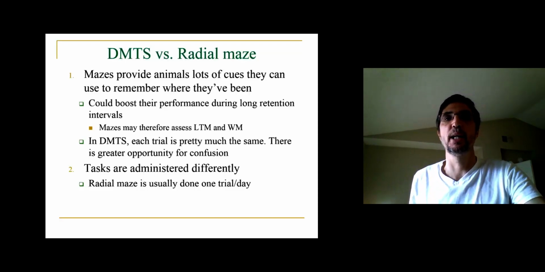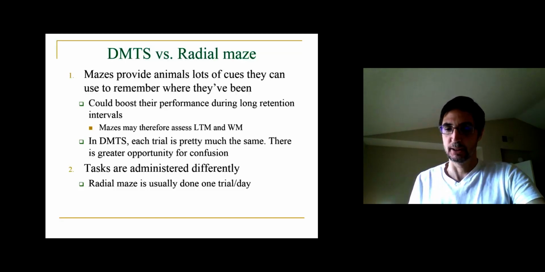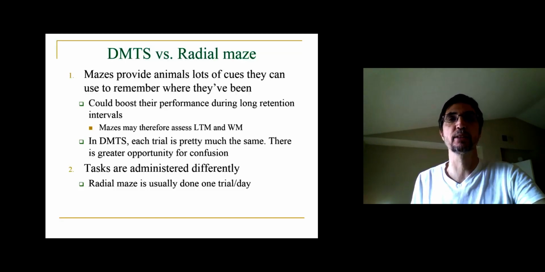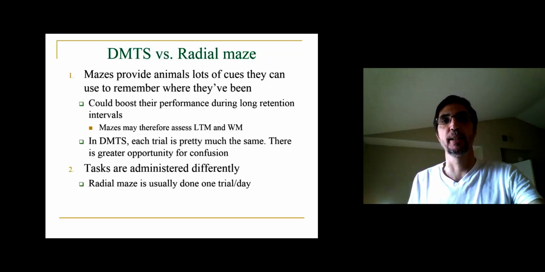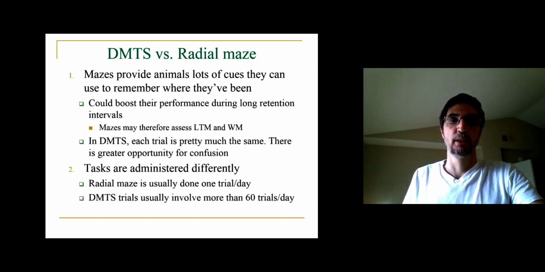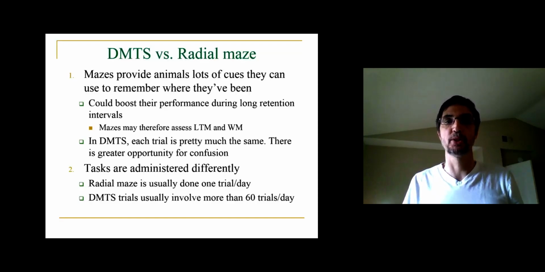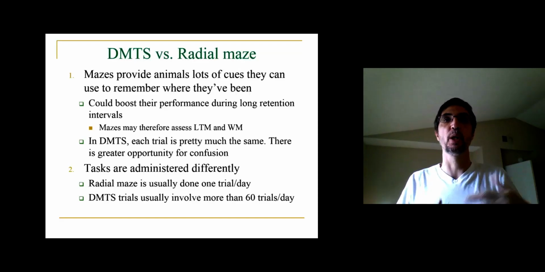Another reason you may get this discrepancy is that the tasks are administered very differently. The radial arm maze is usually done only 1 trial per day, while delayed match-to-sample usually involves more than 60 trials per day. So again, there is more opportunity for confusing one trial with a previous trial.